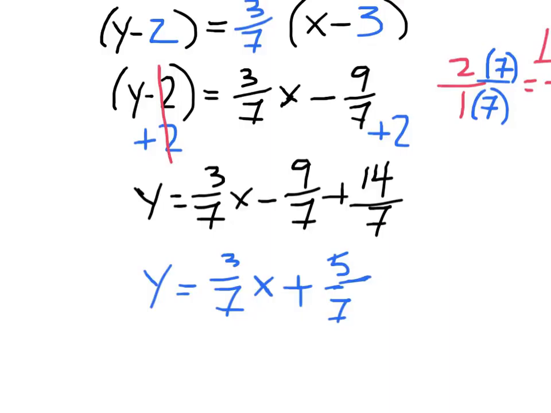But didn't we add 2 to both sides? Is this actually y minus 2 to begin with? It is, right? So we have to add 2 on this side to get rid of this. So when we add 2 over there, isn't that plus 14 over 7? Makes it look like it should have been a negative to get 23 over 7.